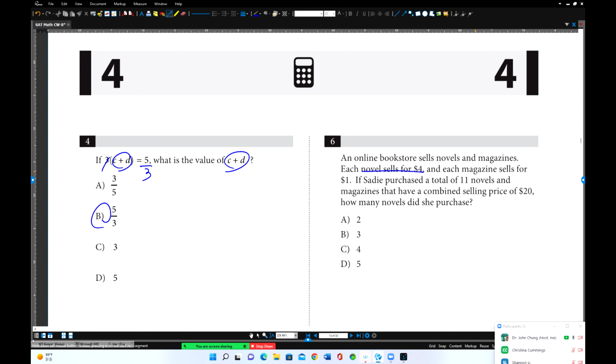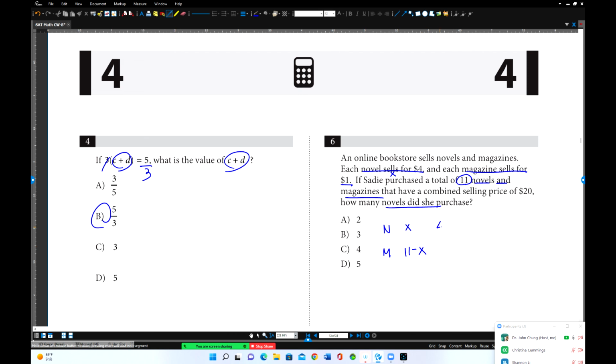Novels are $4, magazines $1. Okay, say the student purchased a total of 11 items altogether, right? 11. So we're going to find how many novels. We're going to let the novels be X. And the magazines is what? The total is 11, so magazines is 11 minus X. Okay, use one variable.